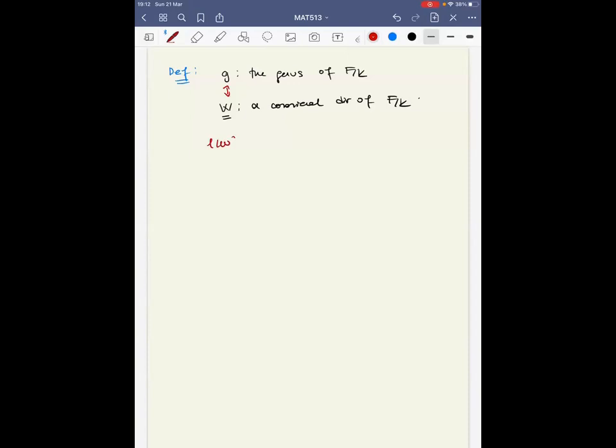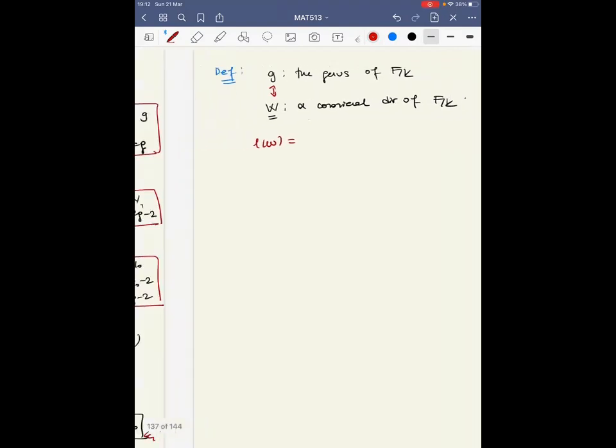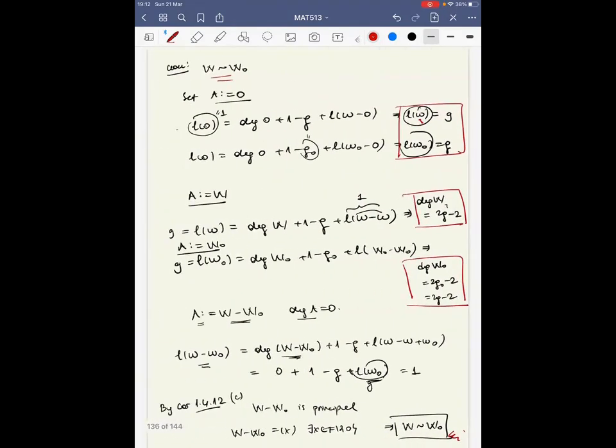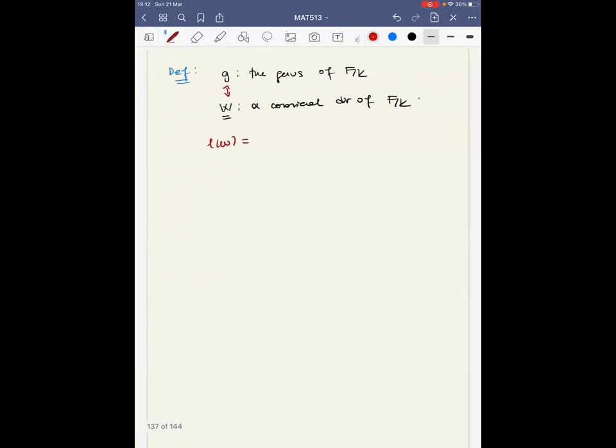As we have observed, when we consider the proof of this statement, the uniqueness, at least we know that such a divisor is of dimension G, and its degree is 2G minus 2.